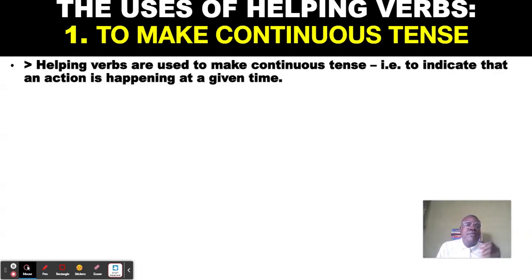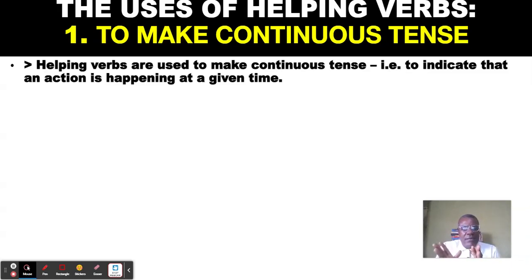Now, helping verbs are used to make continuous tense, that is to indicate that an action is happening at a given time. If you ask me, what are you doing right now? Then I can tell you, I am teaching an English lesson, okay?